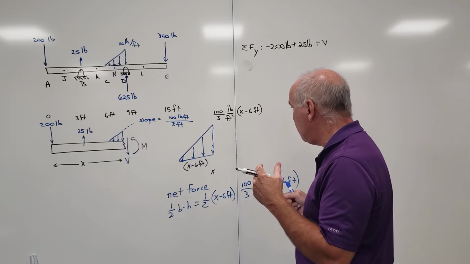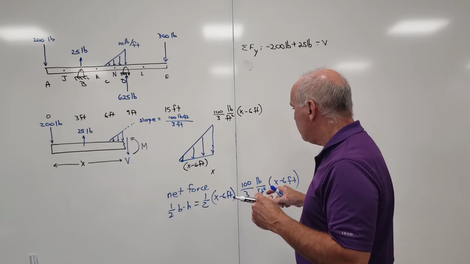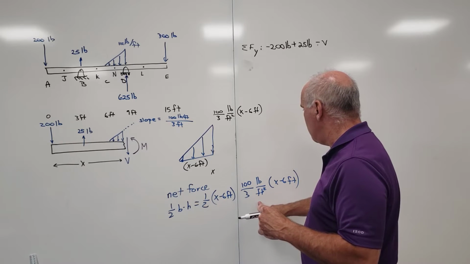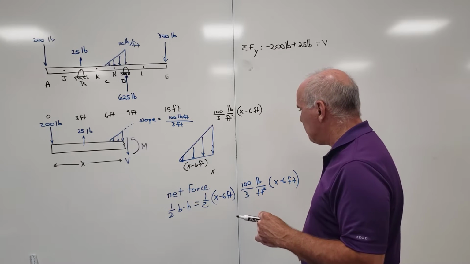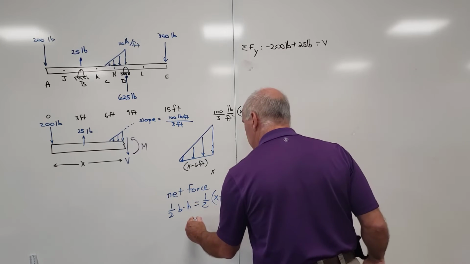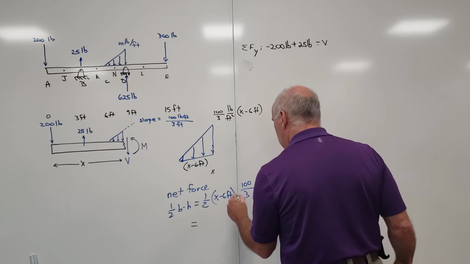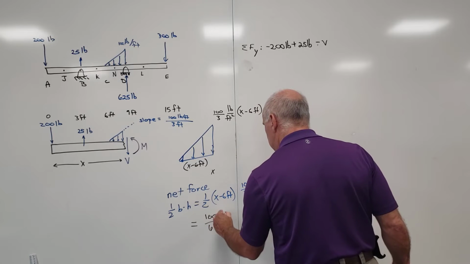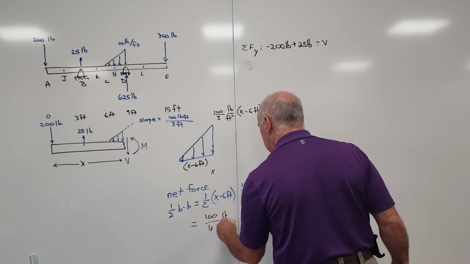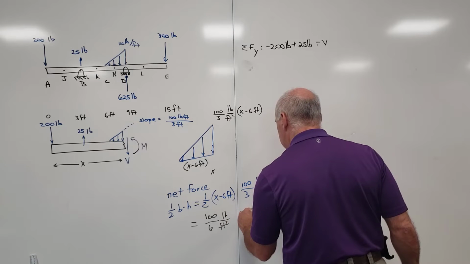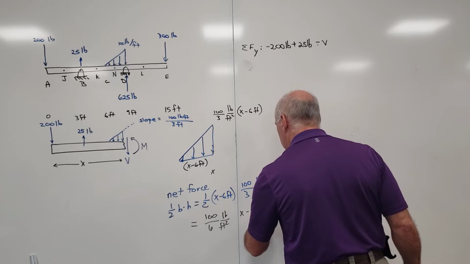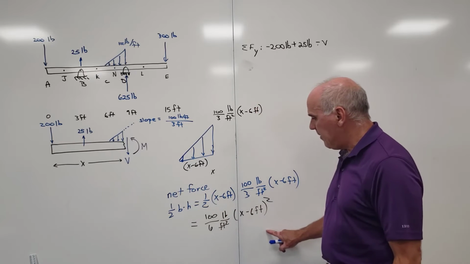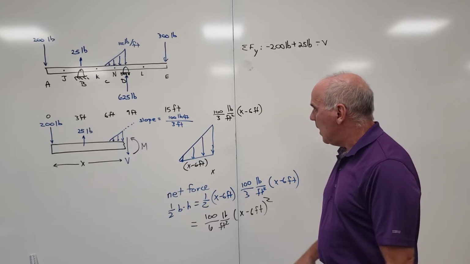So 1/2 base times height is equal to 100 over 6 pounds per square foot times X minus 6 feet, quantity squared. So there's my force inside of there.